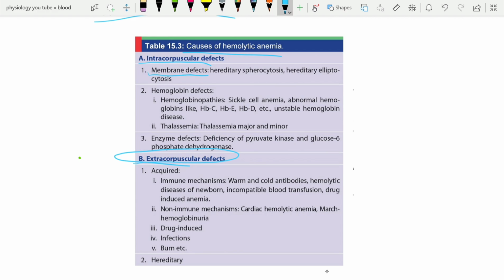Membrane defects: hereditary spherocytosis, hereditary elliptocytosis. Hemoglobin defects: hemoglobinopathies, sickle cell anemia, abnormal hemoglobins like HbC, HbE, HbD, etc., and unstable hemoglobin diseases. Thalassemia, major and minor. Enzyme defects: deficiency of pyruvate kinase and glucose 6 phosphate dehydrogenase.